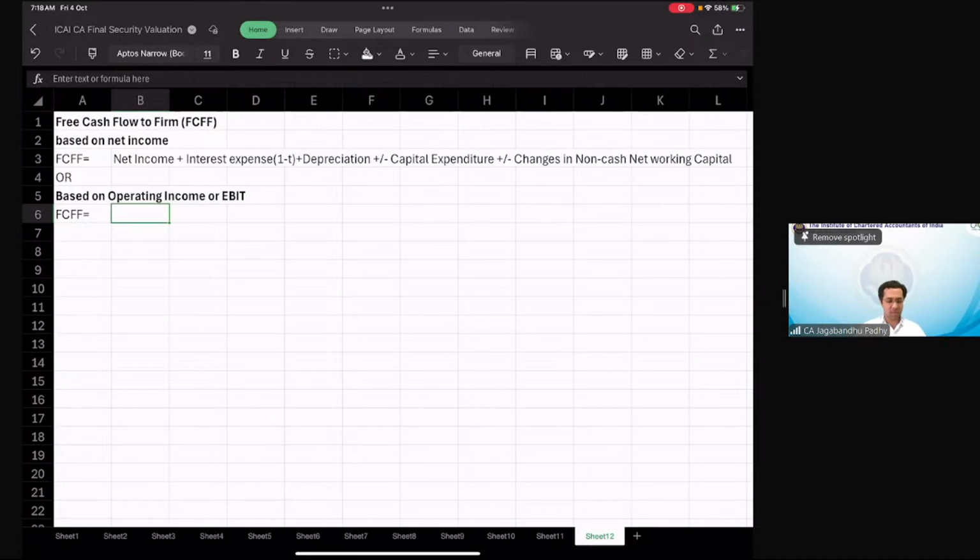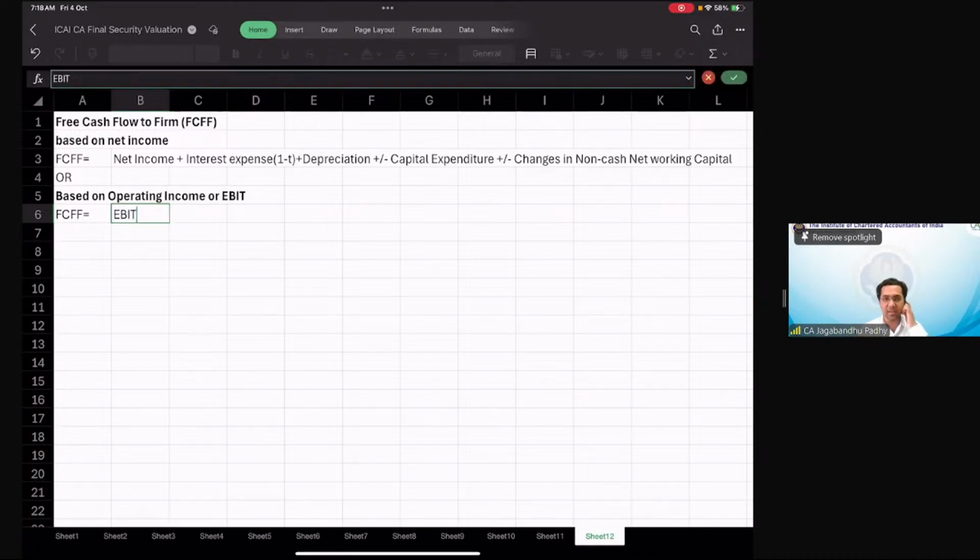Well, if you start with EBIT, we first take it as earnings before interest and tax, multiply it with 1 minus tax rate to make it after-tax EBIT. And then, of course, we add back the depreciation and the rest portion actually remains the same.